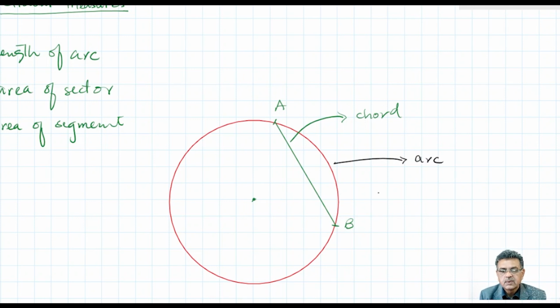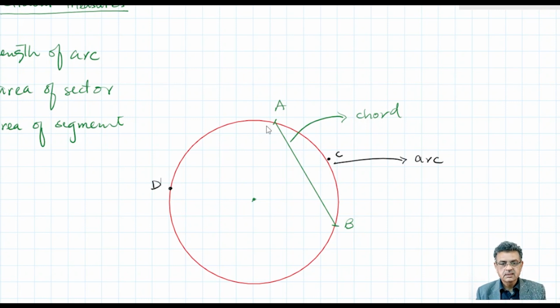Now there are 2 arcs between these 2 points. Let's mark another point here. Let's say this is C and this is another point D. If we move on this circumference via D towards B, we can come to B from this path.